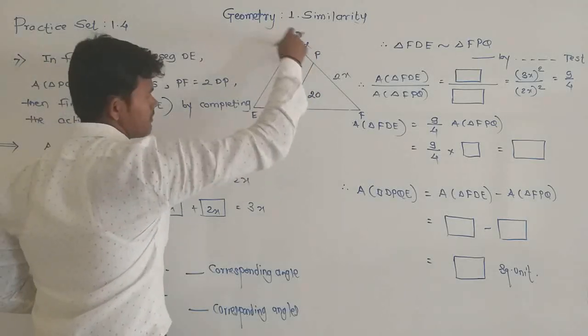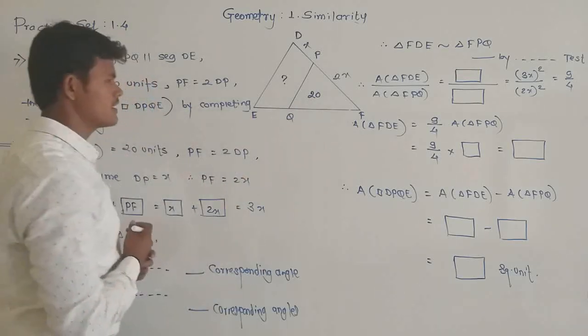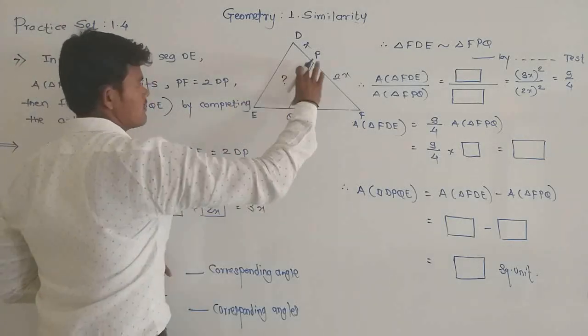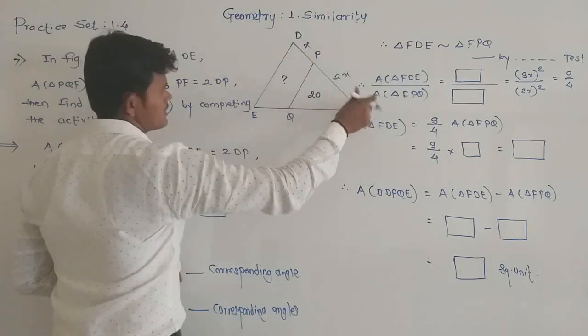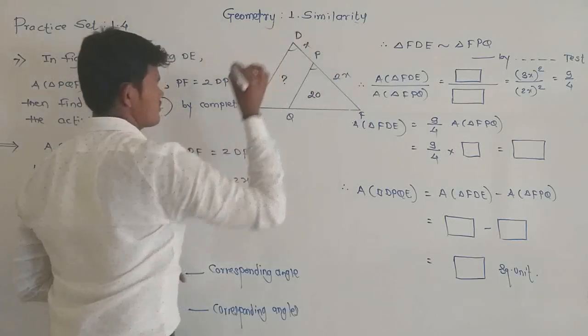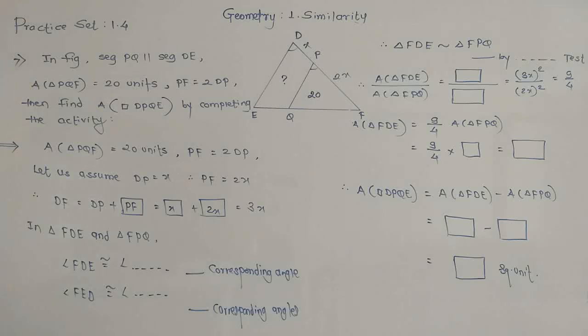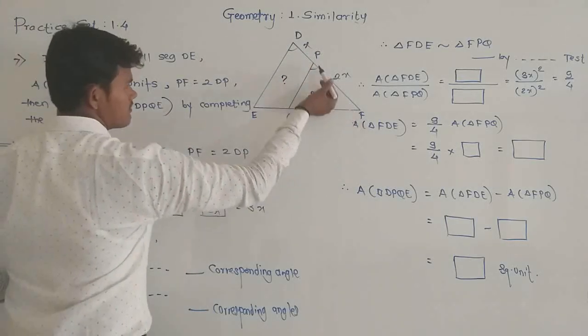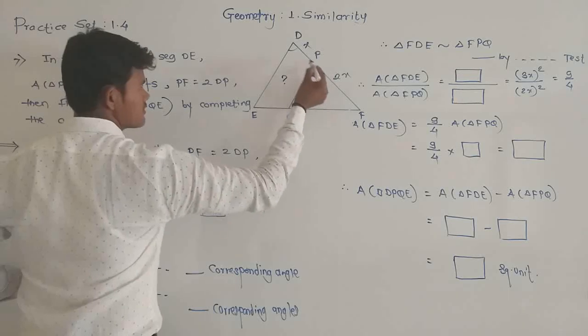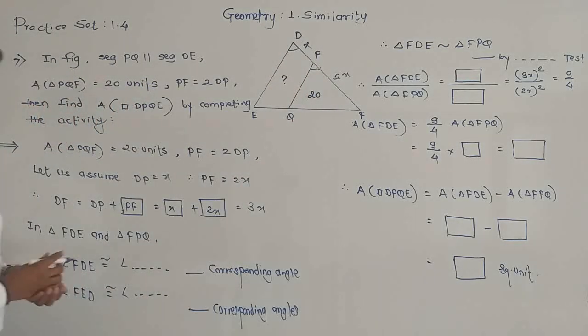For both the lines, segment DF and segment EF are the transversals. For line PQ parallel to DE with DF as transversal, these two angles are corresponding angles. That means angle FDE is congruent to angle FPQ because they are corresponding angles.